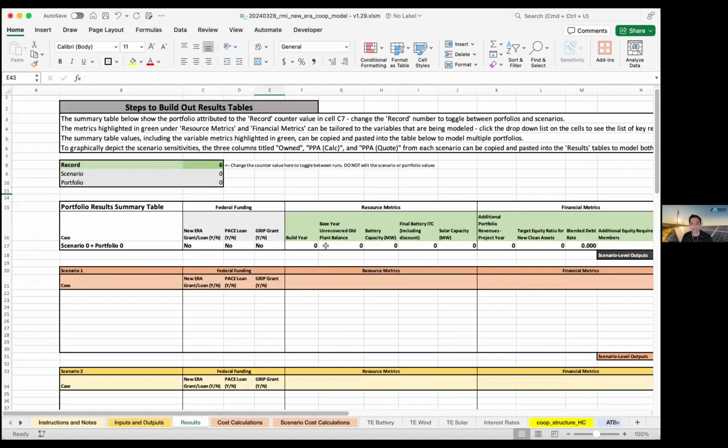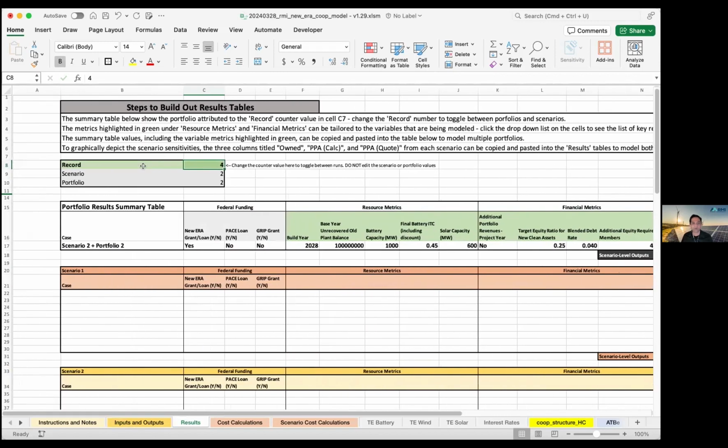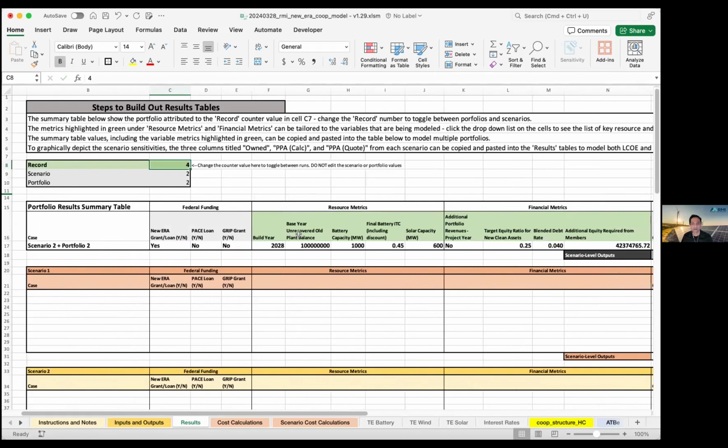Finally, I wanted to flag here the ability to use our results tab to be able to look at all of this in more detail. The results tab allows you to see and pull in the results for different scenarios or portfolios.